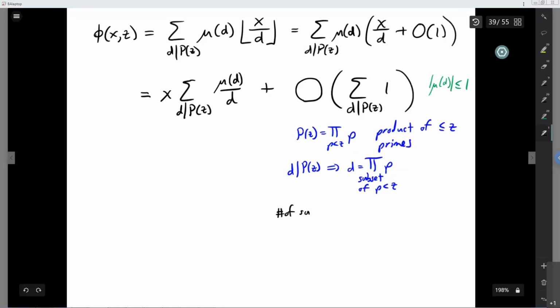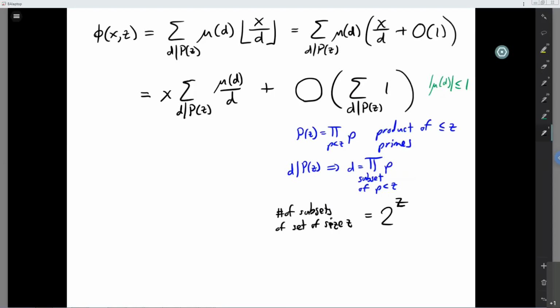The number of subsets of a set of size z is 2 to the z. And that's where that big error term comes from. We're counting all the possible divisors. So it's basically saying all the possible collections of primes smaller than z that could divide an integer m. Okay, so that's the error term. That's where we get the plus big O of 2 to the z.